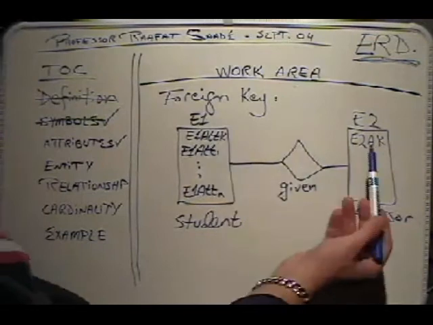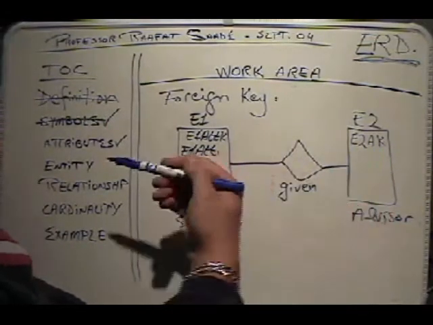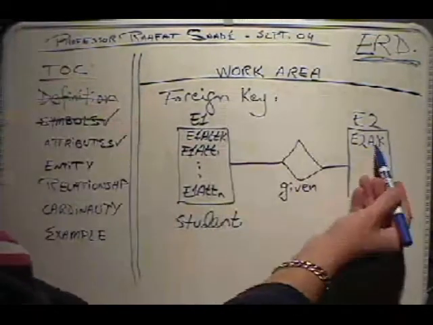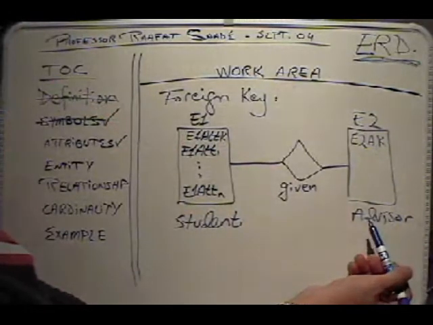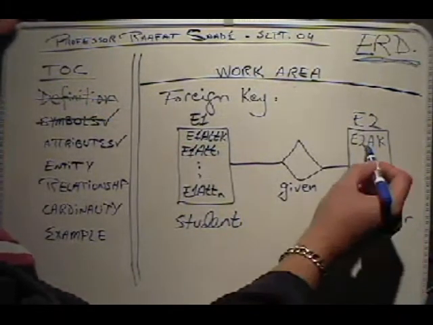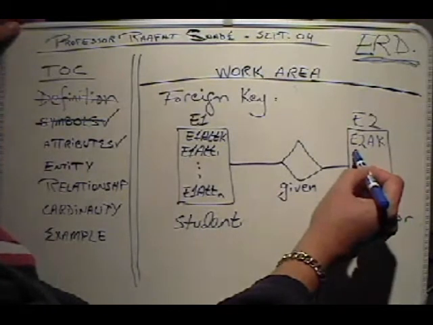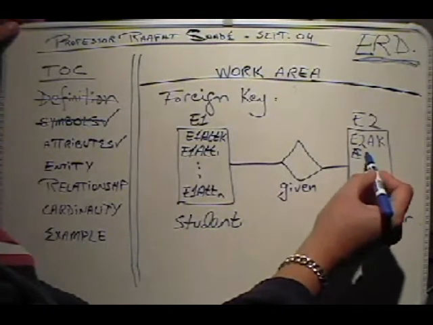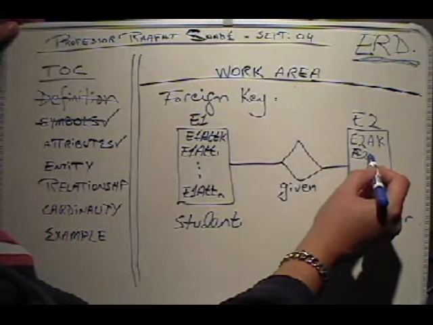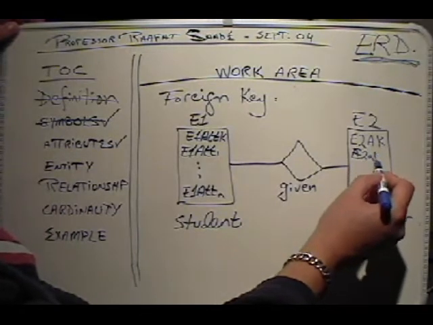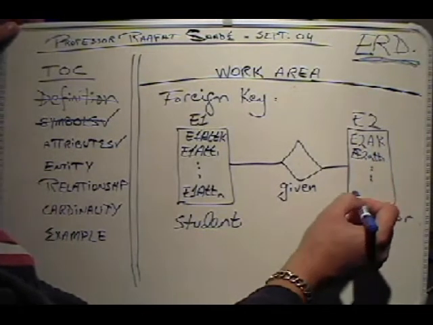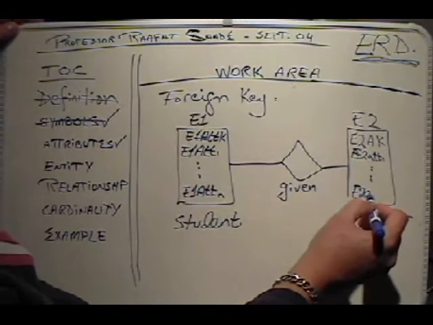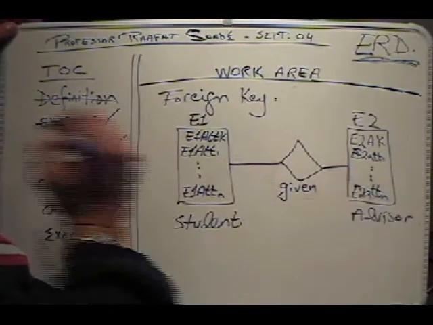I put ATT here and AKA alone here. It's just representation of what it could be. This represents what in reality could be advisor ID. And the same thing, we can have advisor, or to continue being consistent, entity 2 attribute 1 all the way to entity 2 attribute n.